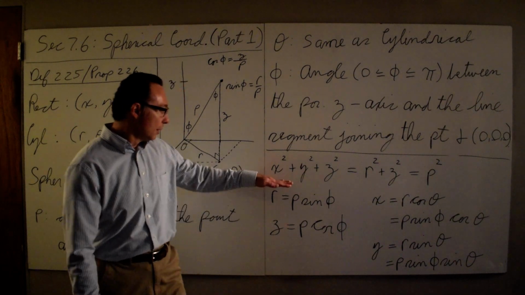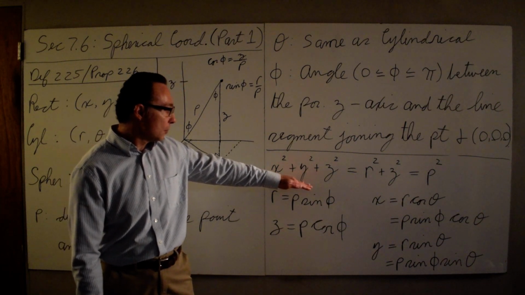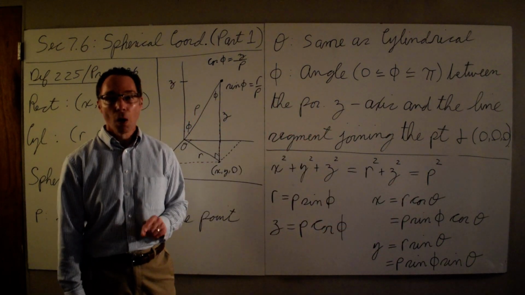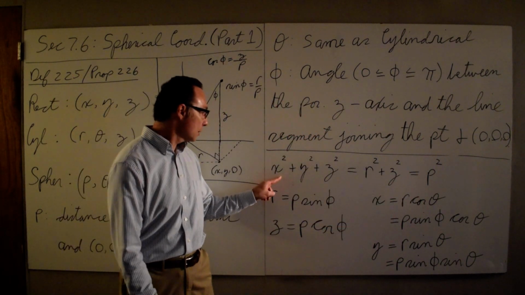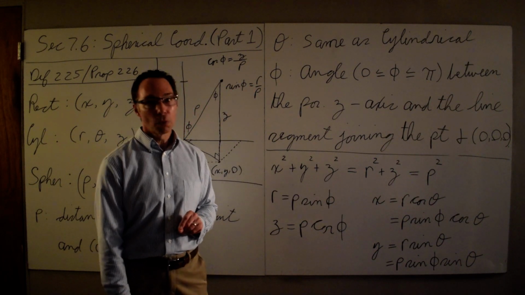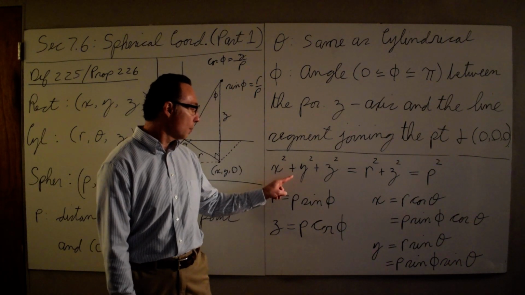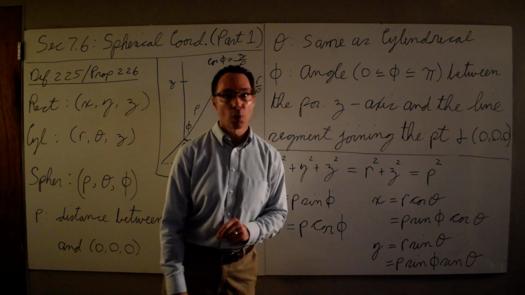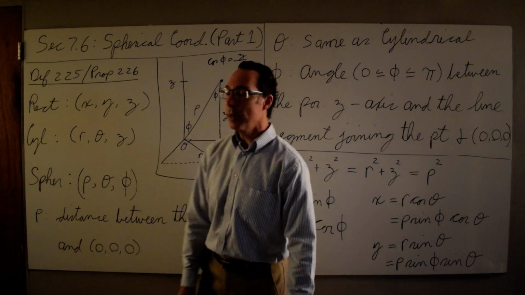Also, we know that x squared plus y squared is equal to r squared. So we can write rho squared as x squared plus y squared plus z squared, or as r squared plus z squared. That's what rho is.